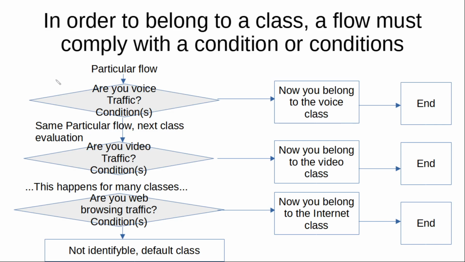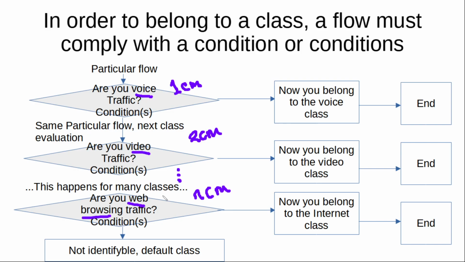So first of all, for a given interface, I will configure one or more class maps. In this case, I'm going to configure this class map here. That will be my first class map. That will be my voice class map. Then I will set up a second class map here. That is my video class map. And I can create several. For instance, this class map is the internet class map.